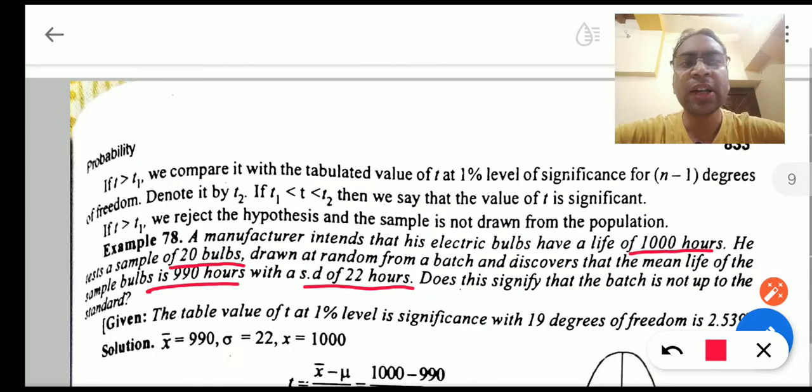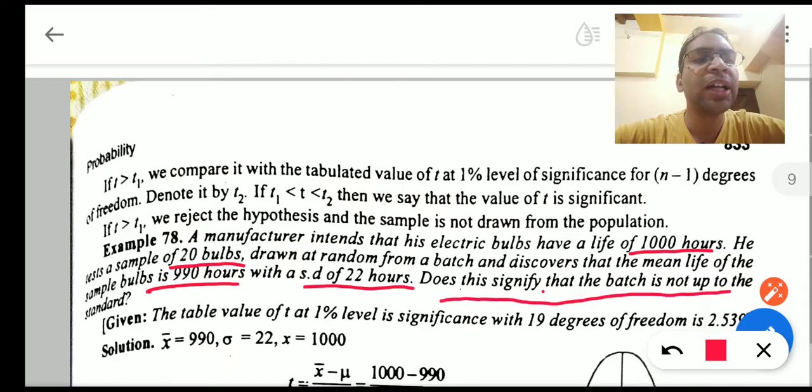Now let us understand where the hypothesis is. In the last section, does this signify that the batch of bulbs is not up to the standard? So this is the hypothesis: the batch is not up to the standard.